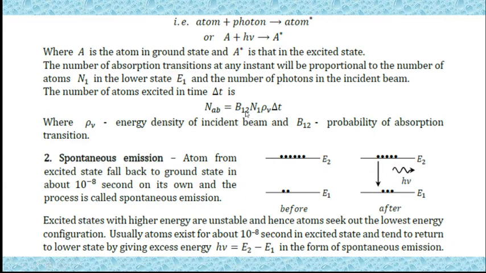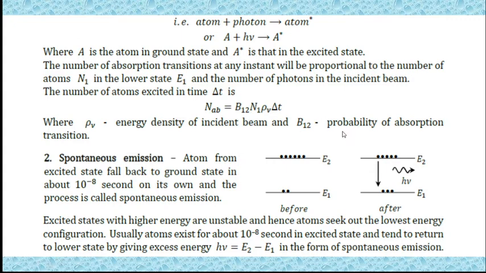where B12 is the probability of absorption transition. B represents the stimulated transition, and 1 2 represents the absorption transition, the process of transition from energy level 1 to energy level 2.